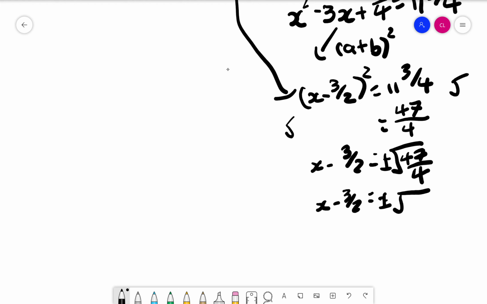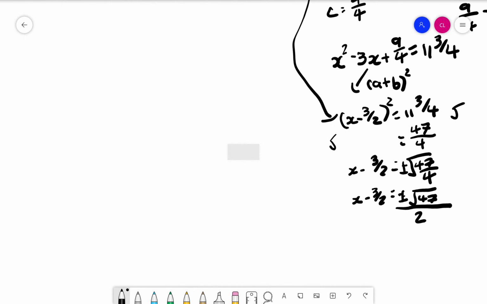In this case it becomes plus or minus the square root of 47 over 2, I think. Wait, let me grab my calculator real fast. Because we do want to reduce that to the simplest form, so yes, it will essentially be this.